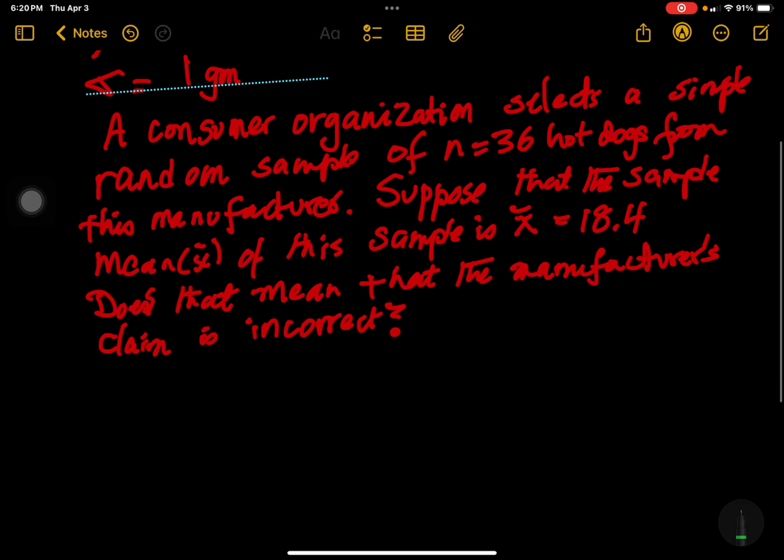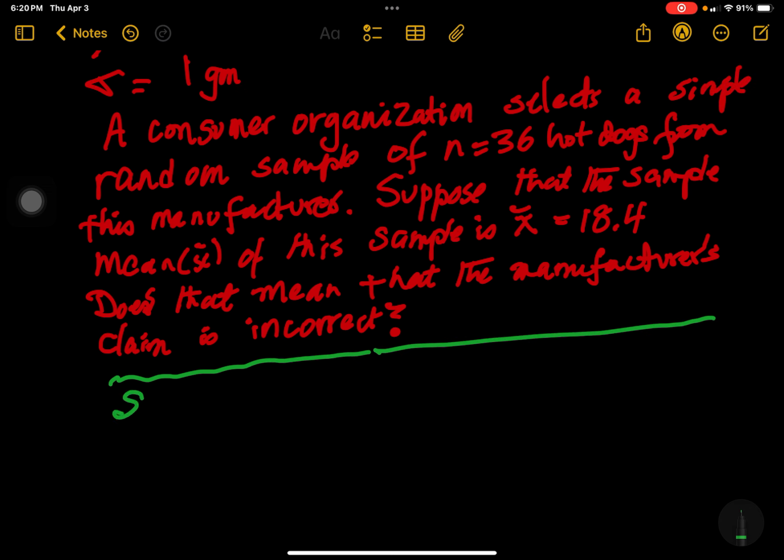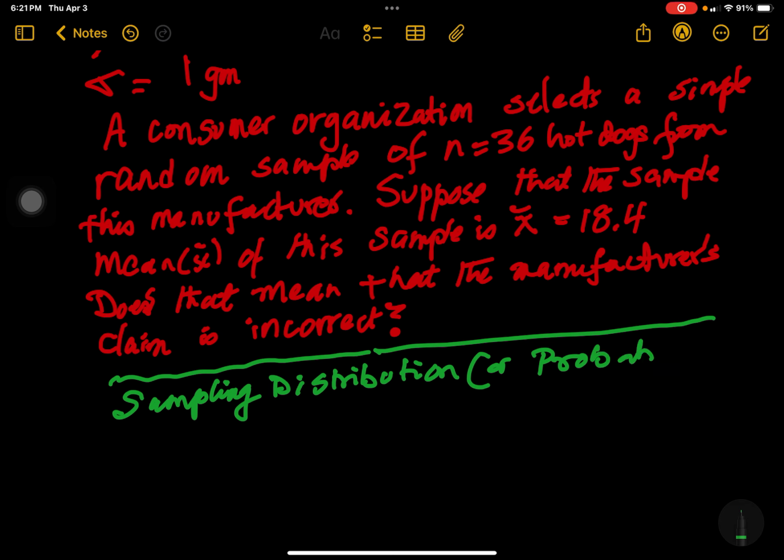So we are going to deal with the sampling distribution, or probability distribution, of x bar. Remember, x bar is the sample mean. So how does it look?